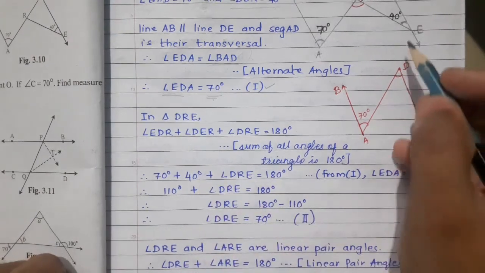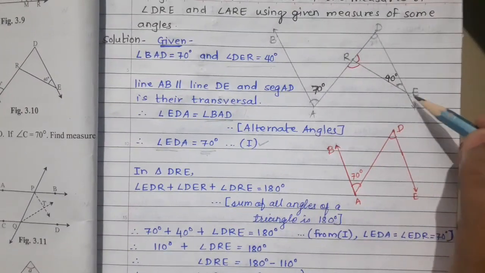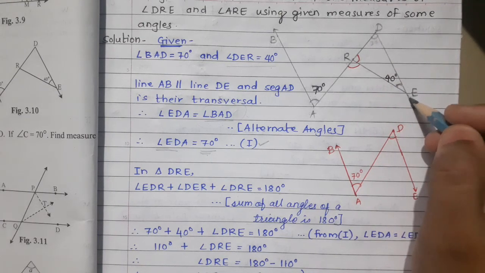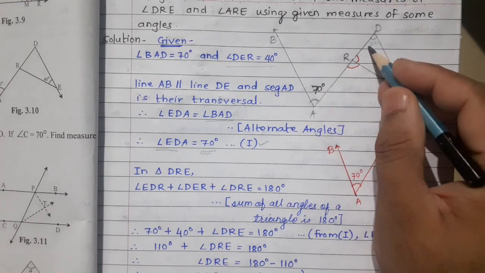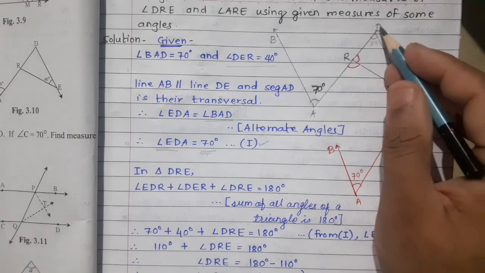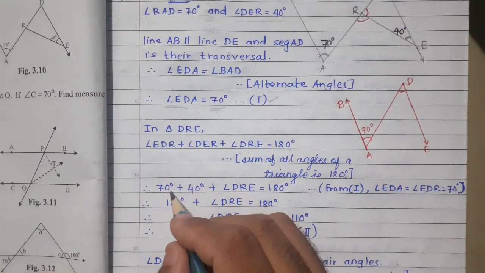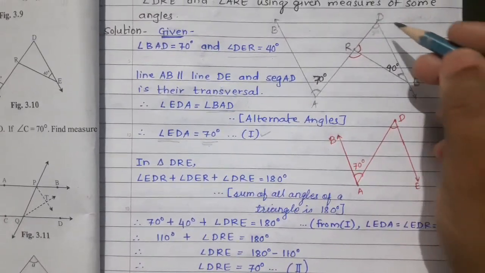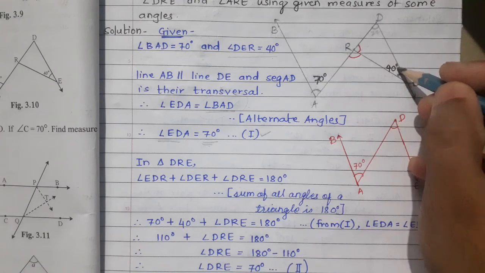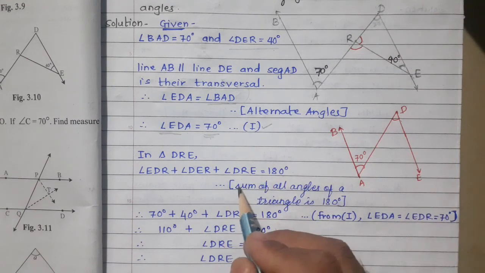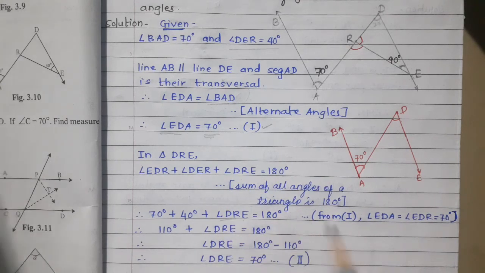Then angle EDR is equal to 70 degrees, because we have EDA as 70 degrees. Put the value of EDR as 70 degrees and the measure of angle DER as 40 degrees, and we have to find the measure of angle DRE.